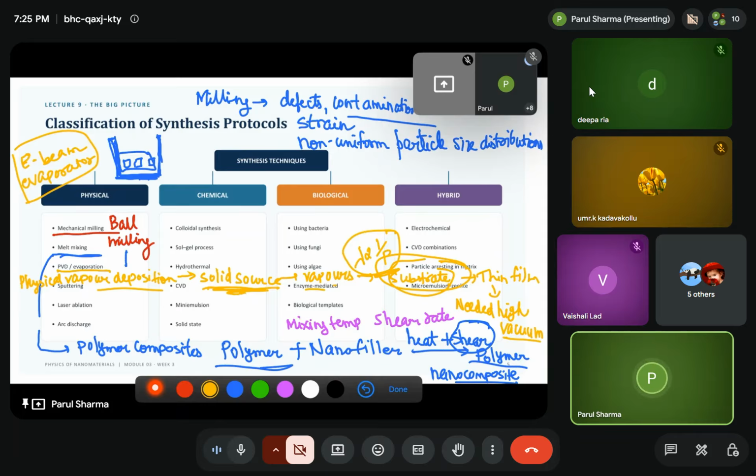For materials with a high melting point, we prefer the e-beam evaporator, because a focused electron beam can provide very high localized heating. So this is one technique.